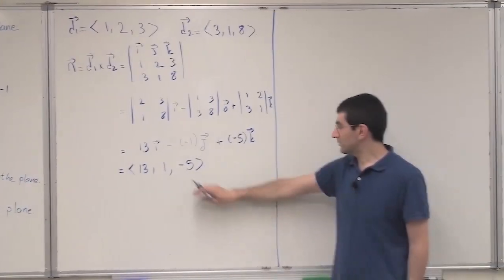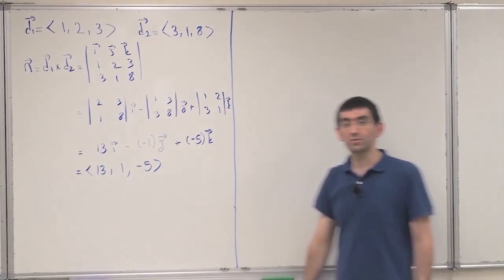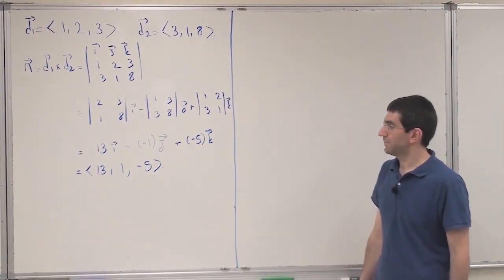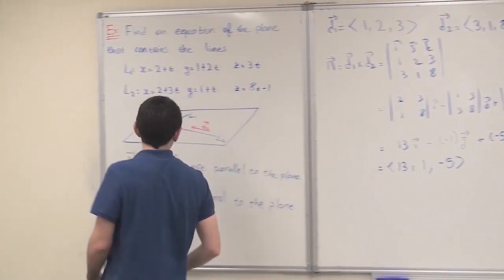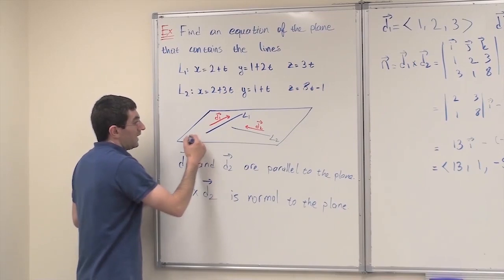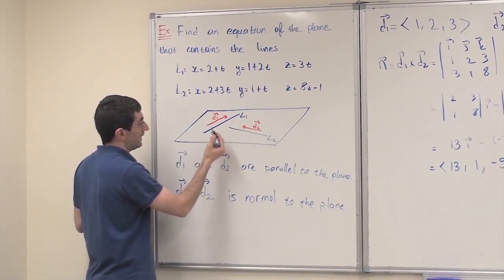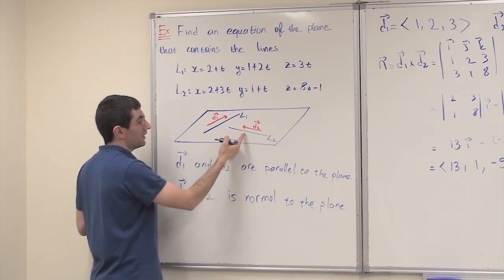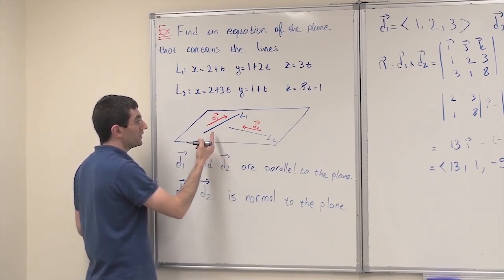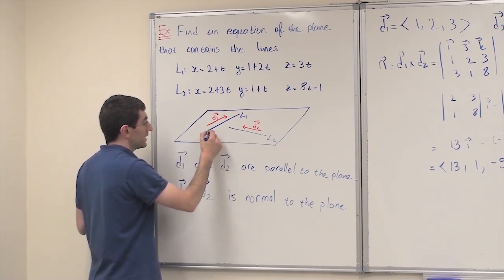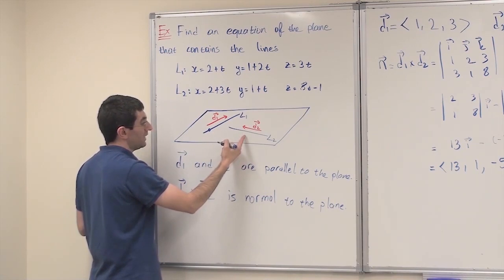Okay, now that we have our normal vector, next we are going to look for a point on that plane. Now, let me go back to my picture. I'm trying to find a point on this plane. Now, what I know is that these two lines are on the plane. So, I can easily choose a point on one of these lines. It doesn't matter if you choose your point from L1 or L2.